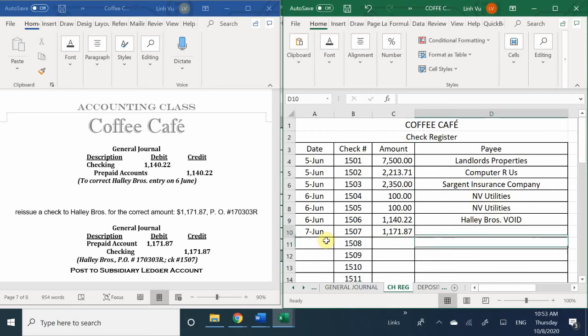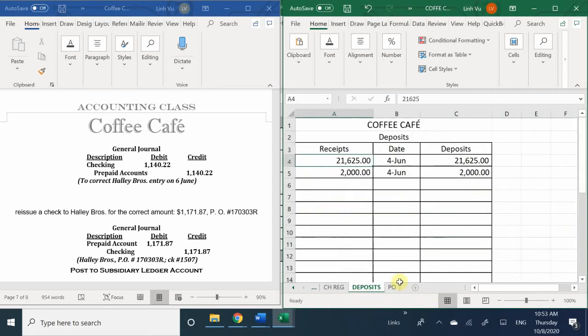It's still going to go to Haley Bros. And I know my new check is going to be for the 1507.